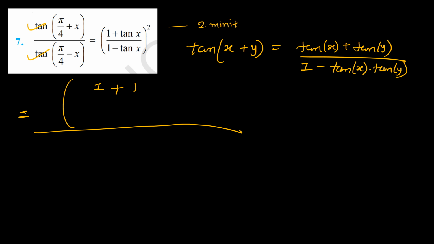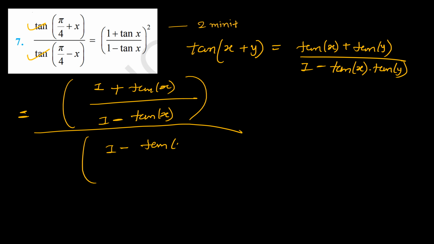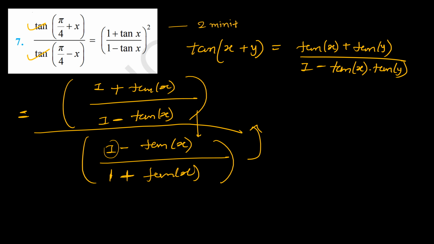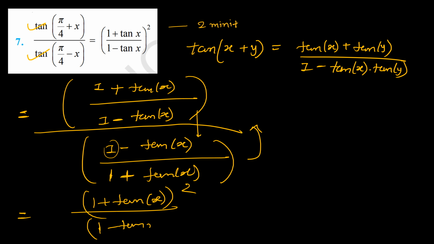So it is 1 plus tan x over 1 minus tan x into tan pi by 4, which is 1. And here, 1 minus tan x, because tan pi by 4 is 1, over tan pi by 4 minus tan x, and 1 plus tan x. So we get the output (1 plus tan x) whole square over (1 minus tan x) whole square, which is our output.